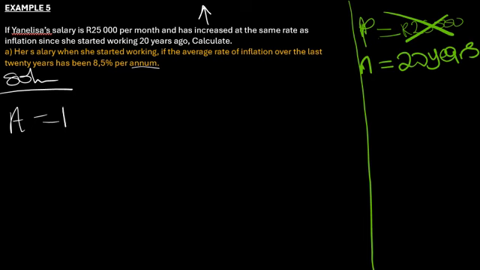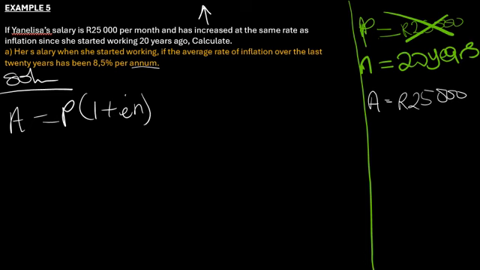Actually, I will use both of them. This is the simple interest. So here my A is equal to 25,000 rand, the accumulated amount. Then my P is equal to a question mark.